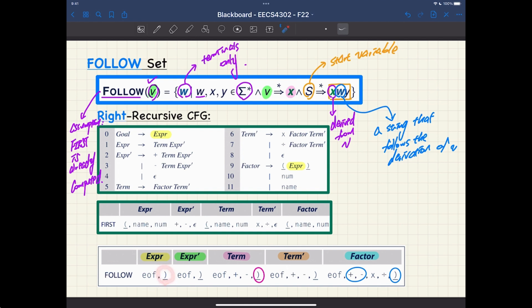Number two, given that goal is the start variable, we assume that at the end of the entire derivation, there will be an EOF, end of file symbol. That's always assumed. So you can think about at the end, there's always an EOF, always. So that's why you will see EOF over here, and also the closing parenthesis because of this. That's how you can interpret the follow for expression.